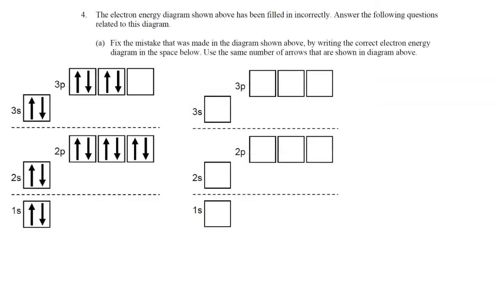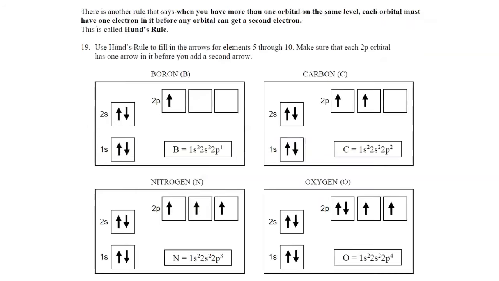Now, before I fix the mistake that was made in the diagram, let me remind you of another rule that is related to writing the correct electron energy diagram. And this was mentioned in your packet entitled Electron Configuration. This is known as Hund's rule.